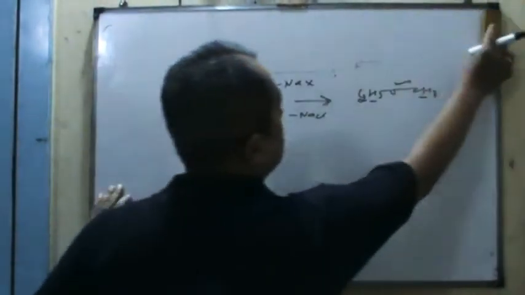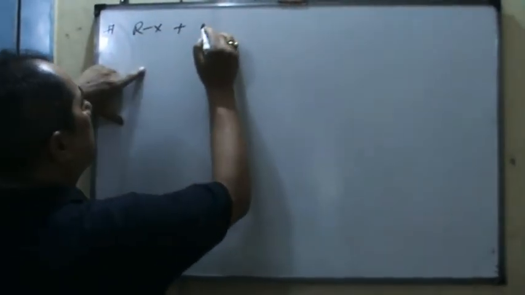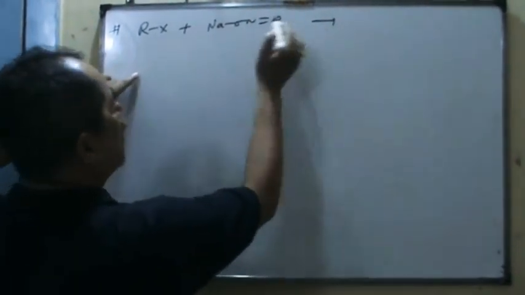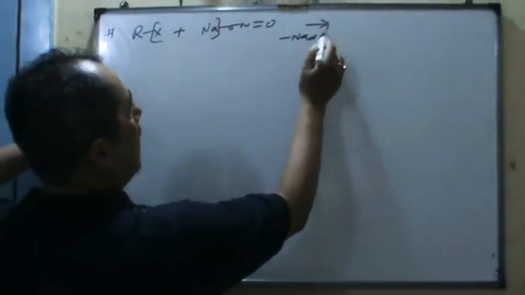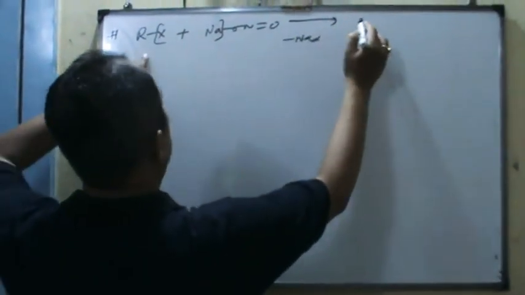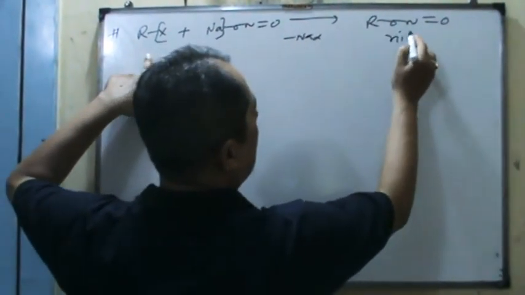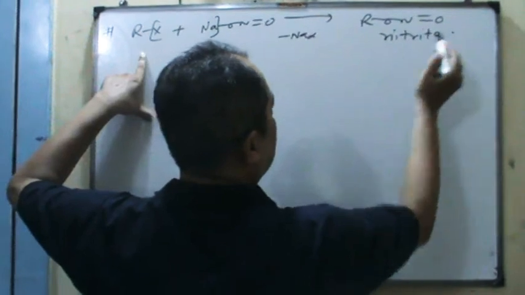Now, next is the formation of nitrite. Another method is the alkyl halide is taken with NaO and double bond O, sodium nitrite. So NaX is out, RO and double bond O, alkyl, what is that? Nitrite.